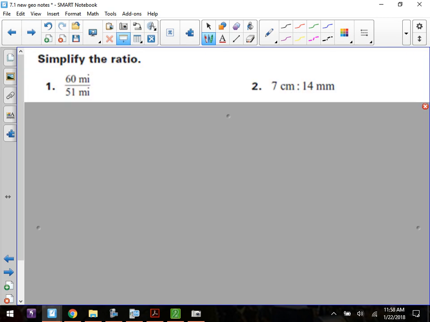Now, when you simplify ratios, obviously, if I have 60 miles to 51 miles, what do you do? You put it in your calculator, quite literally 60 divided by 51, and it gives you a fraction. And if it's simplifiable, it tells you what the answer is. That's what this stuff does, guys.